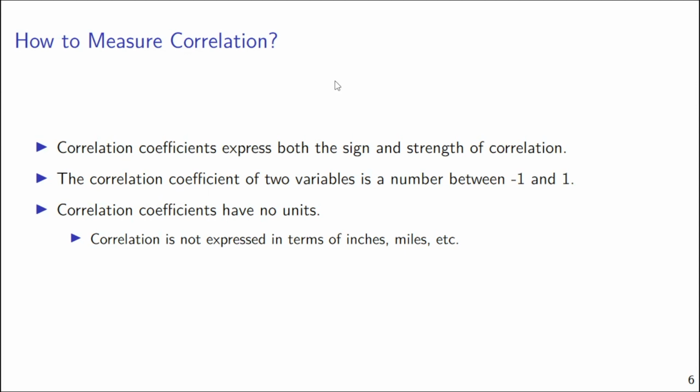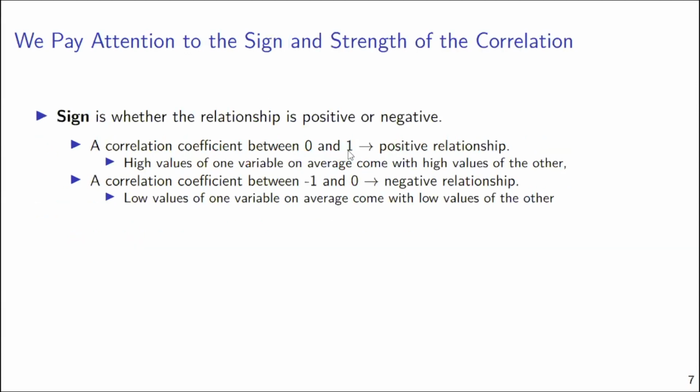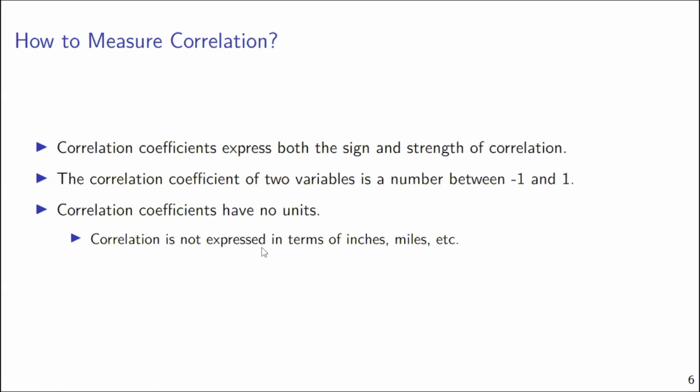But in this case, correlations are being normalized so that they're between -1 and +1. And as it says, it's been normalized so there are no units. So in the case of inches and shoe size, it doesn't matter that one's in inches and one is in whatever US shoe sizes.